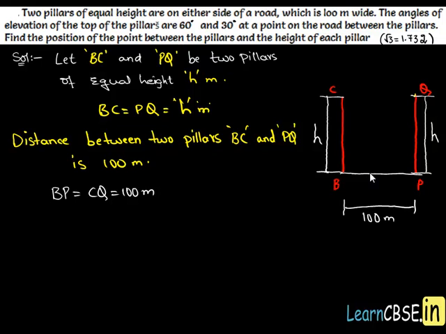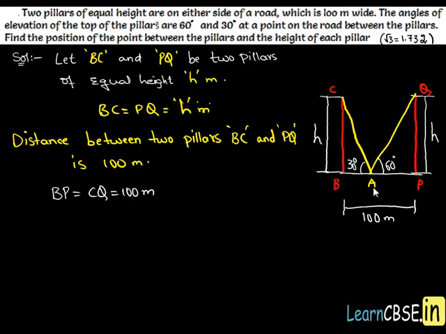Now consider a point A in between the two pillars, and we are given the angle of elevation of the top of the pillars from this point is 60 degrees and 30 degrees. Let angle CAB be 30 degrees and angle QAP be 60 degrees.